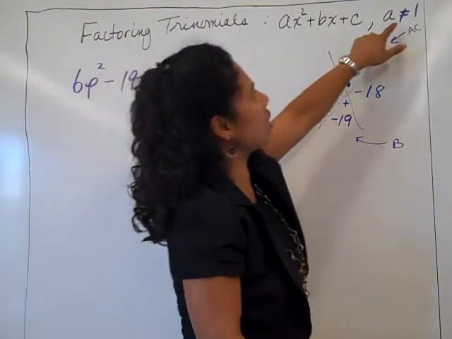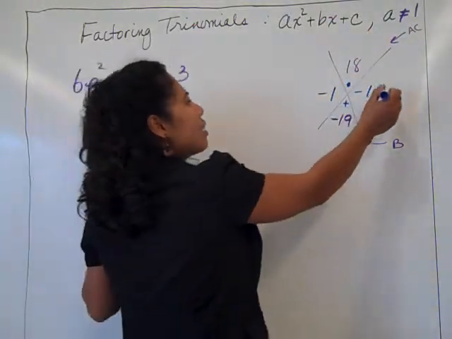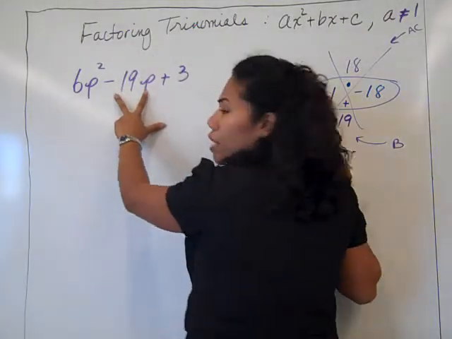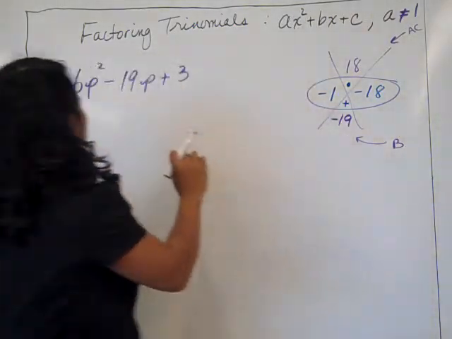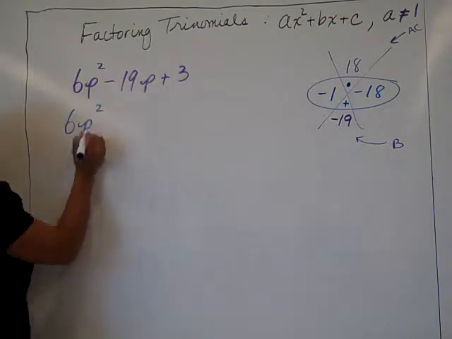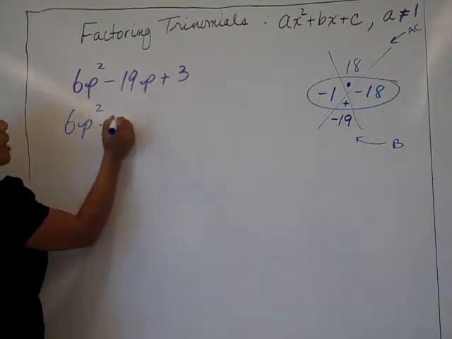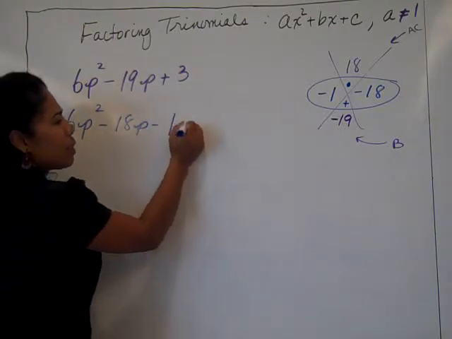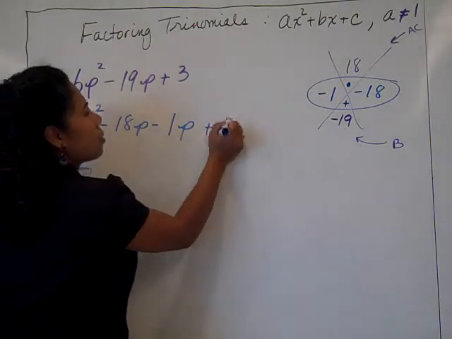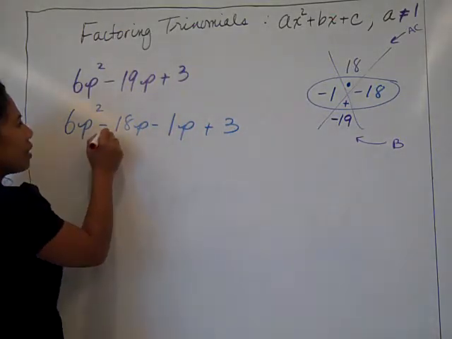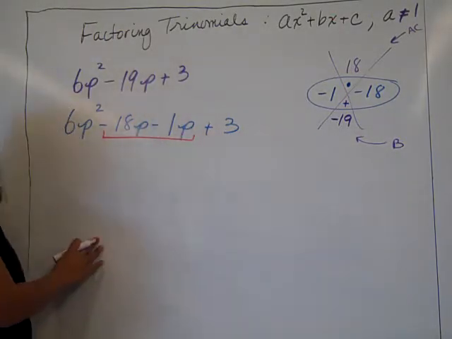Because the coefficient is not a 1, this combination is only giving me ways to break the negative 19 apart. So what I have now is 6p squared minus 18p minus 1p plus 3. So my question to you is, where in the world did this come from?